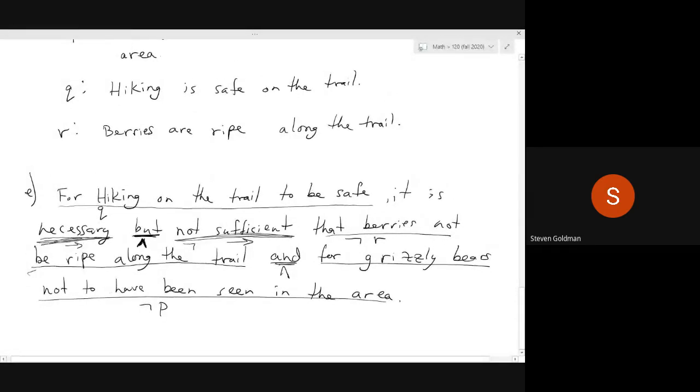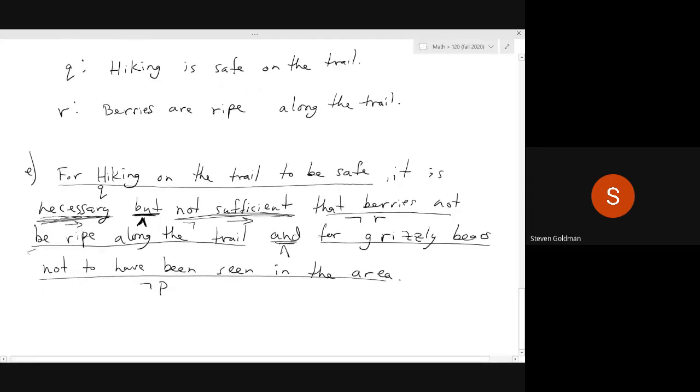Okay, so I've got Q, hiking on the trail to be safe, Q is necessary for berries not to be ripe along the trail and for grizzly bears not to have been seen in the area. So I'm going to do the necessary part first. Whenever I have a conditional statement with the word necessary, remember, whatever comes before the necessary is the hypothesis, right?